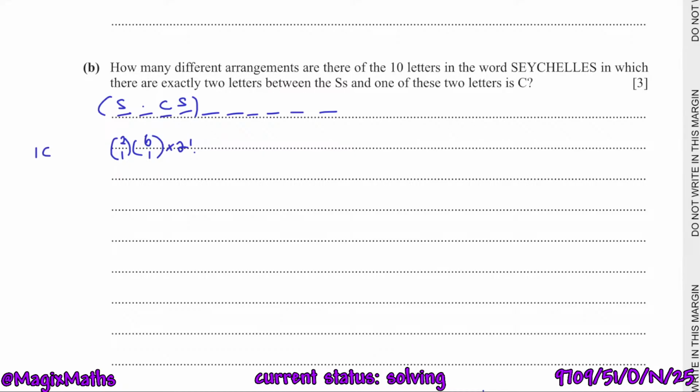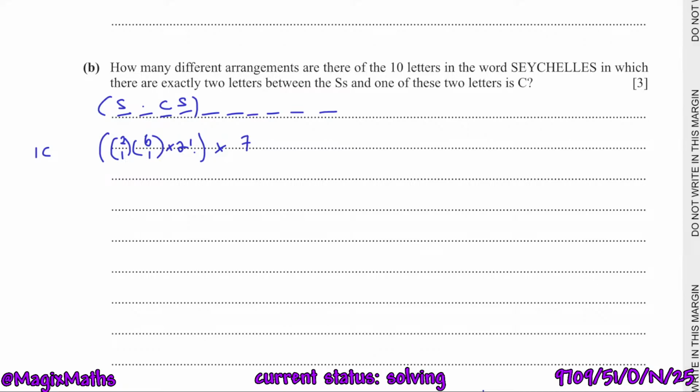So 1 C is inside, and then we times the other 6, 7 including the brackets.